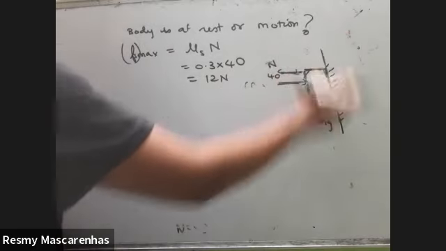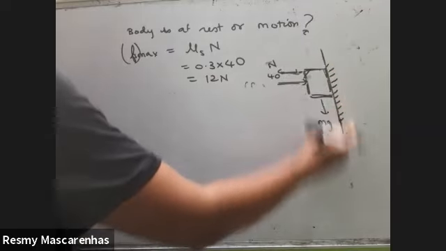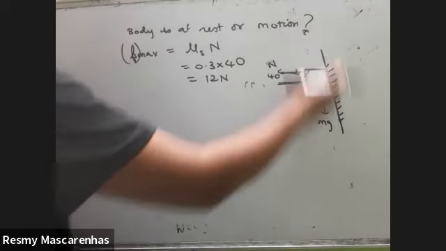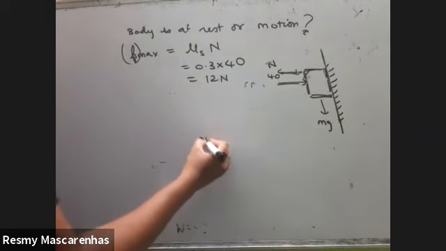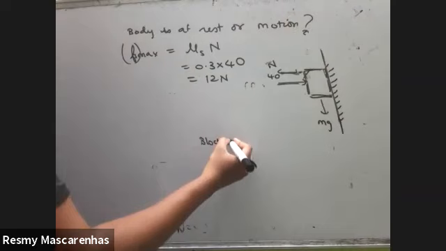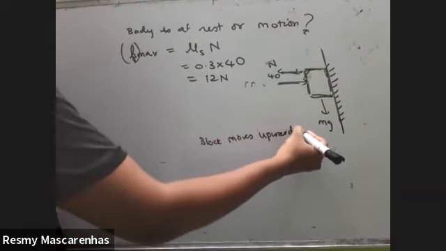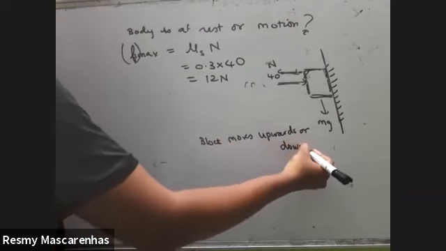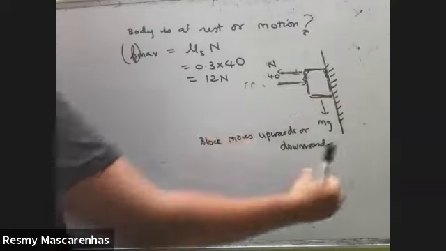It's like a brick against the wall. So the motion will be either this side or upwards. You can say the block moves upwards or downwards in this case, either this side or this side along the surface.